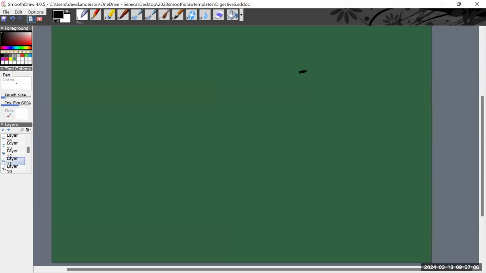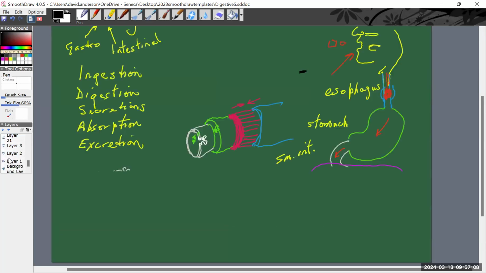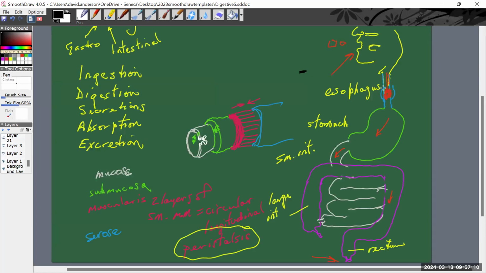And that color code gave us our indicator that we were going to have a different function if we had a different color. In other words, the color represented structure, and the different structure would reflect functions in those areas. So these are the things that you're going to want to be able to explain and discuss with respect to the esophagus, the stomach, the small intestine, and the large intestine.